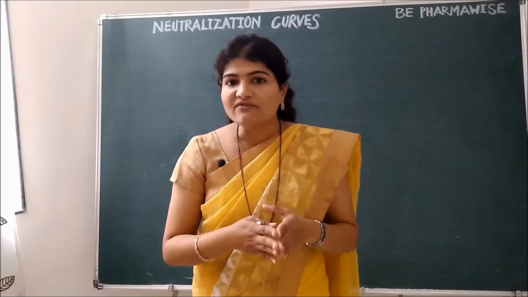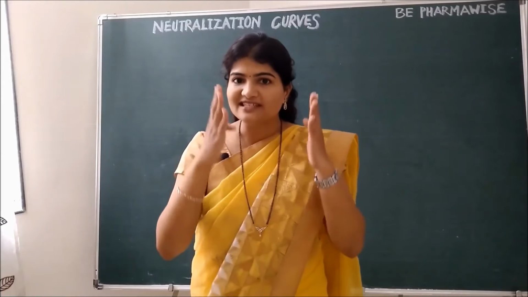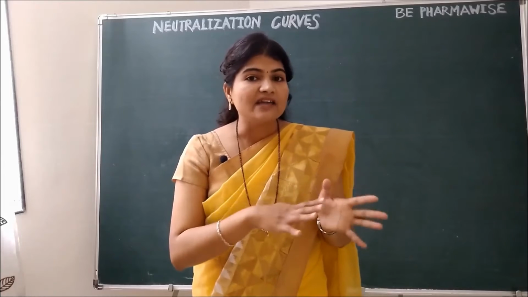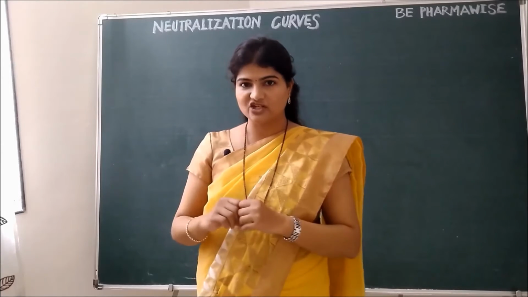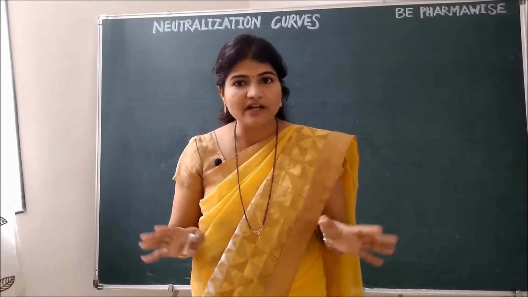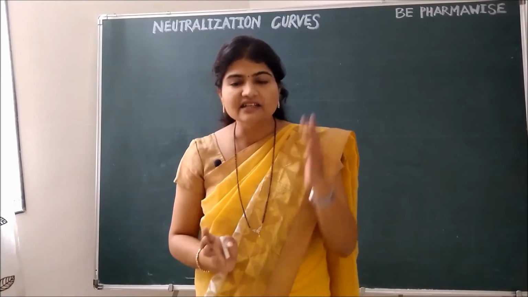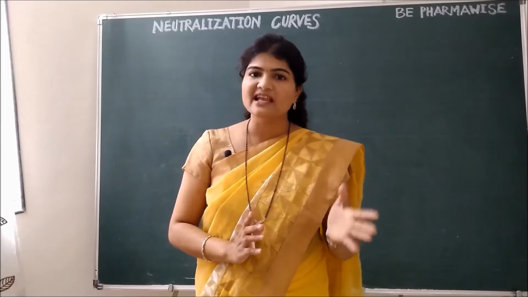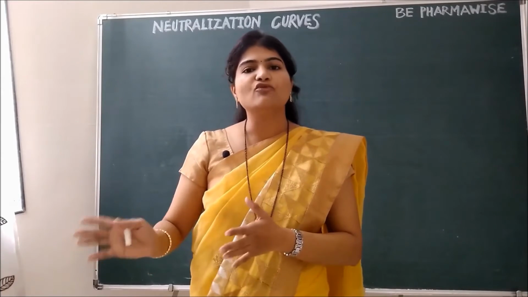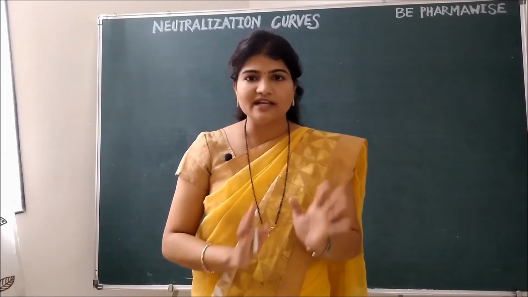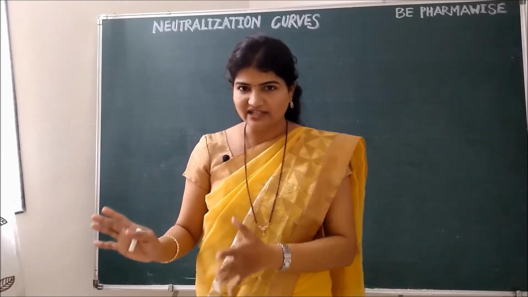Okay, so now when you know what is titrate, what is titrant and what is indicator, let's discuss what are aqueous acid base neutralization titrations. These are nothing but titrations where, if the titrate is acid, your titrant will be base, and they will yield salt and water in the end. So these kinds of titrations are called aqueous acid base neutralization titrations.